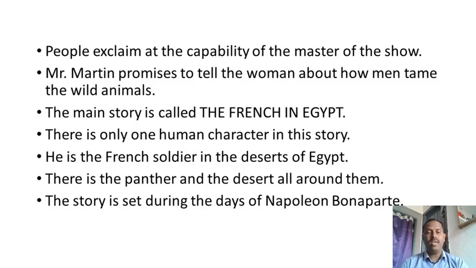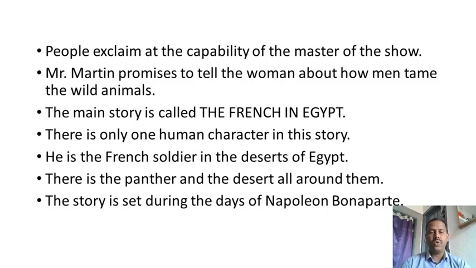The main story is called The French in Egypt. That is, the French soldier, a Frenchman in Egypt, and how he spends his difficult times in Egypt with a panther. There is only one human character in the entire story.